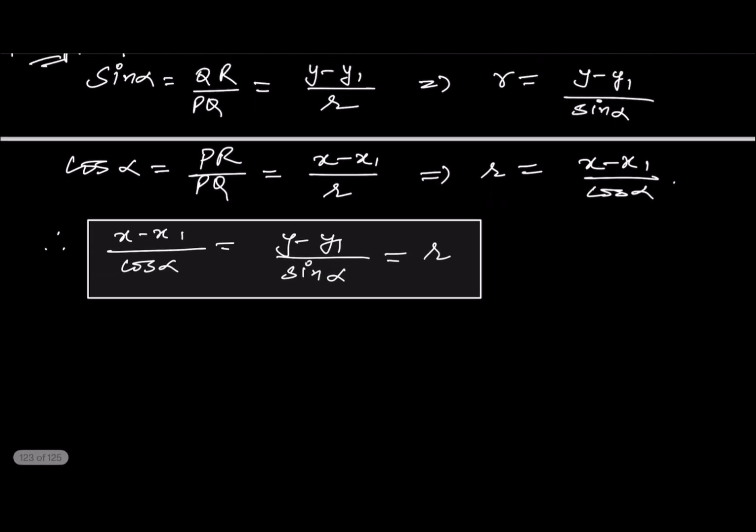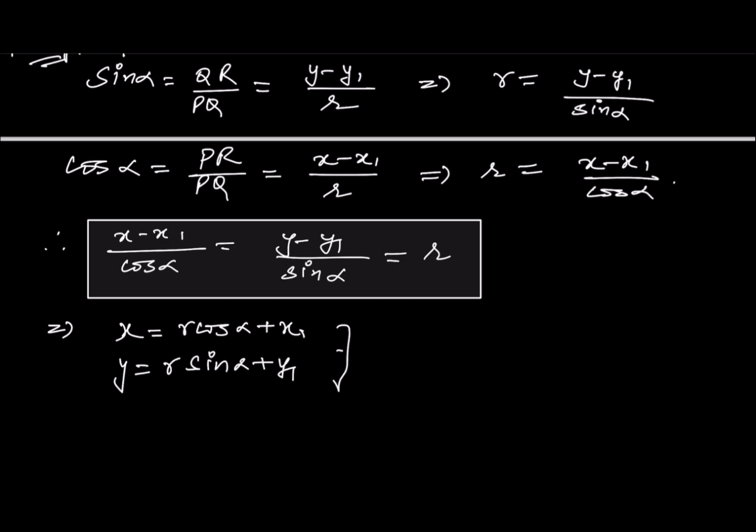So we can assume parametric coordinates from this: x is equal to r cos alpha plus x1 and y is equal to r sin alpha plus y1. These are called parametric coordinates.